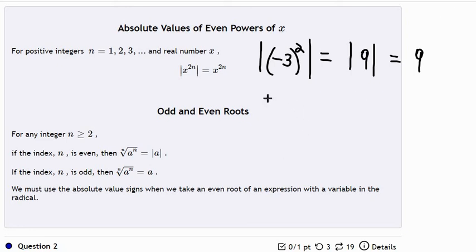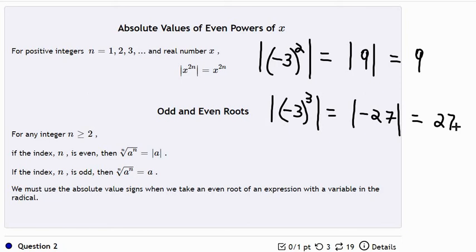On the other hand, if you do the absolute value of negative 3 to the third power, that's equal to the absolute value of negative 27. And when you're taking the absolute value of a negative number, you don't get the same number like we did here with the 9. The absolute value of a negative number is actually positive 27 here.